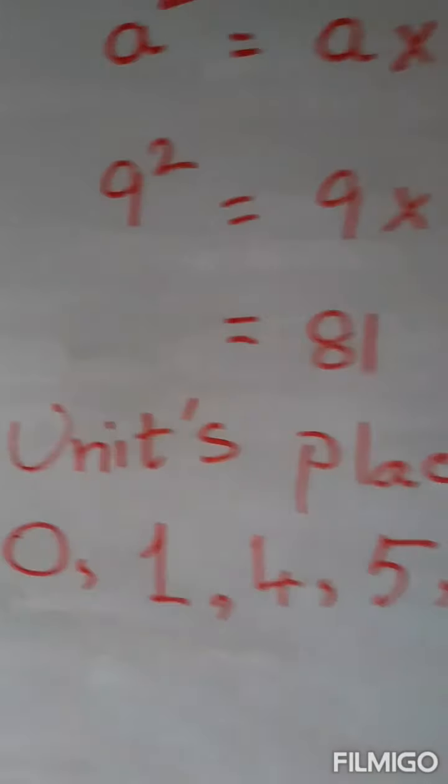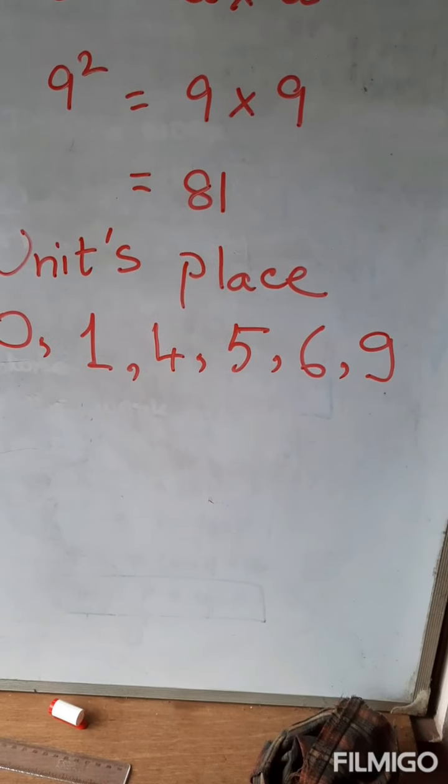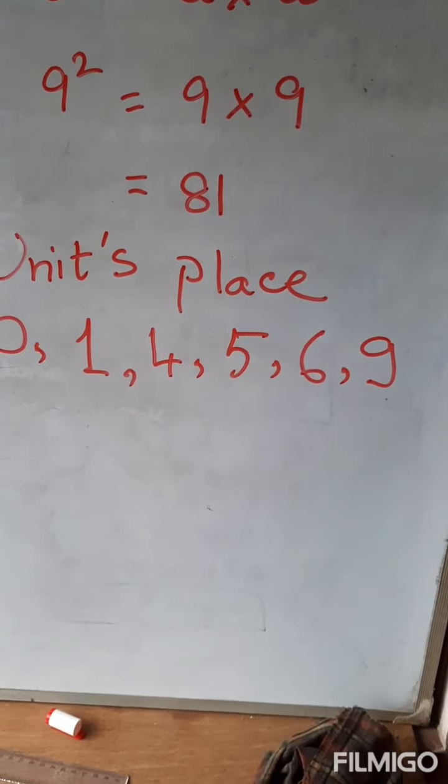So the 6 digits which we get in the units place are 0, 1, 4, 5, 6, 9.